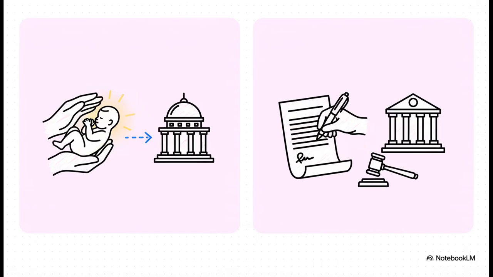Now we have to draw a massive line in the sand between human rights and legal rights. Human rights are totally independent of the state. They apply universally to everyone, everywhere. Legal rights, on the flip side, are created by statutes or contracts. They depend entirely on national law. Think of it like this. A local law might legally permit discrimination, or maybe it denies certain people the right to vote.